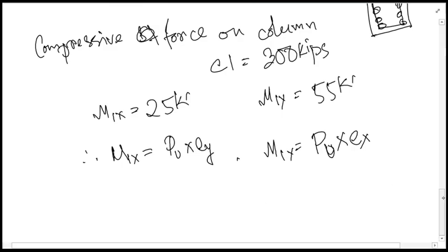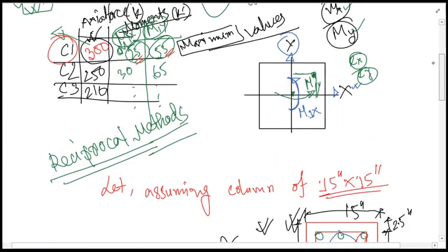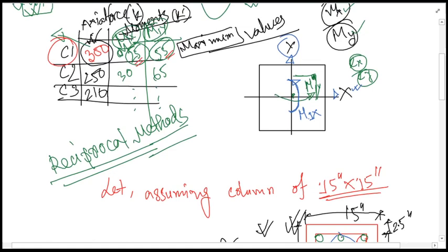So if we discuss it here again, if this is M1X, the load PU is acting on this point, and this dimension is EY. So this load PU multiplied by this eccentricity EY gives you M1X.